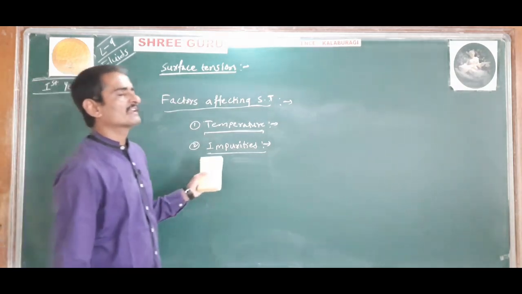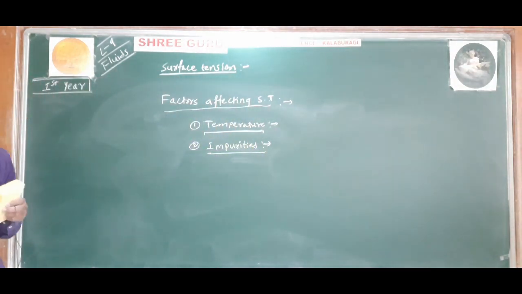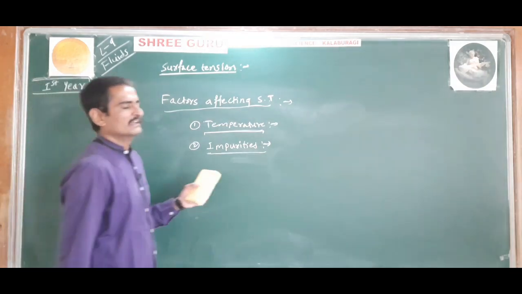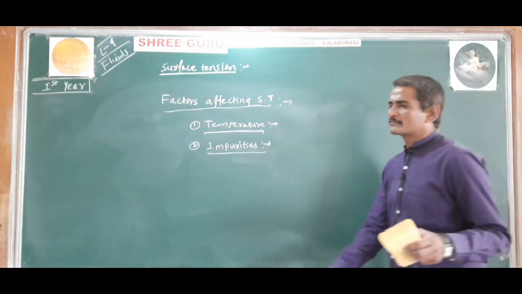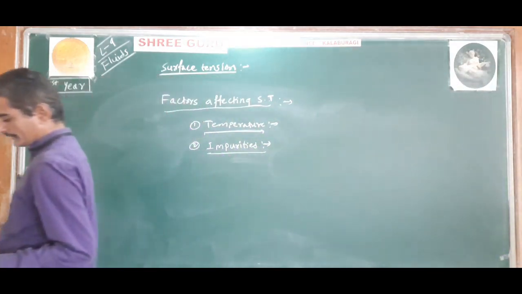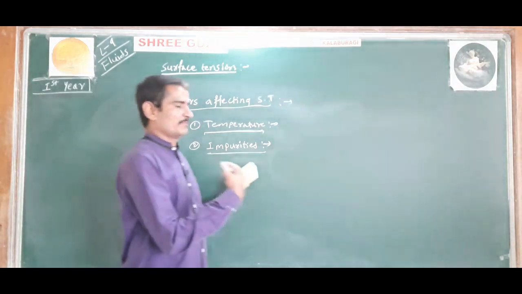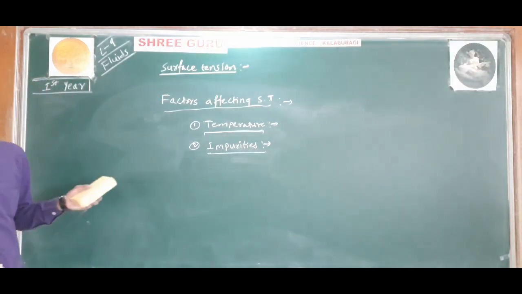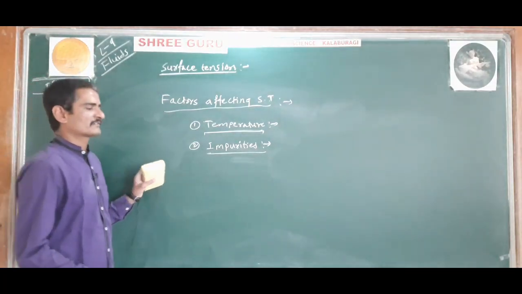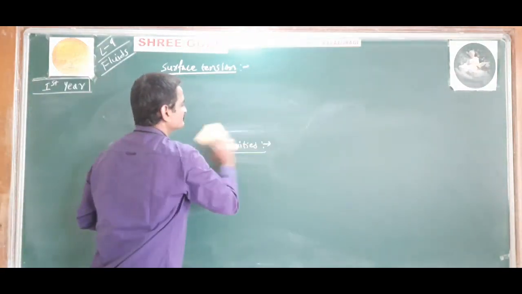Whereas when sparingly soluble, that is less soluble, substances like phenol are dissolved in a liquid, the surface tension decreases. So sodium chloride when added to the water increases the surface tension, and when phenol is added, the surface tension decreases.